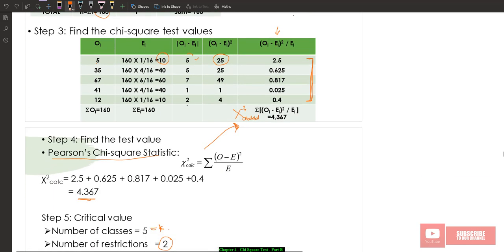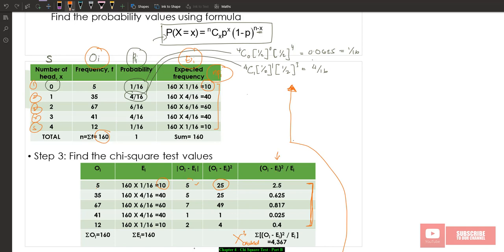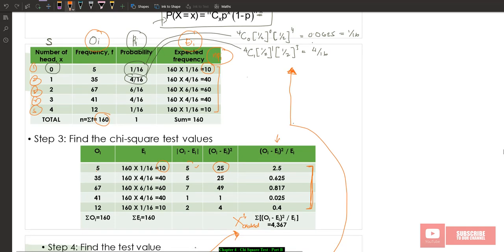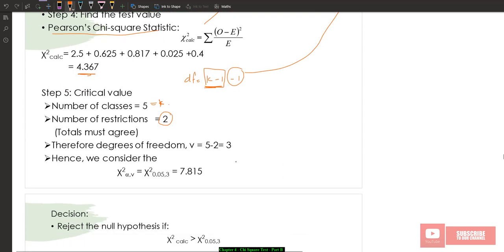The normal degree of freedom is k minus 1, and here it is k minus 1 minus 1, because we are using the formula to calculate. So the degree of freedom is equal to 5 minus 2, equal to 3.